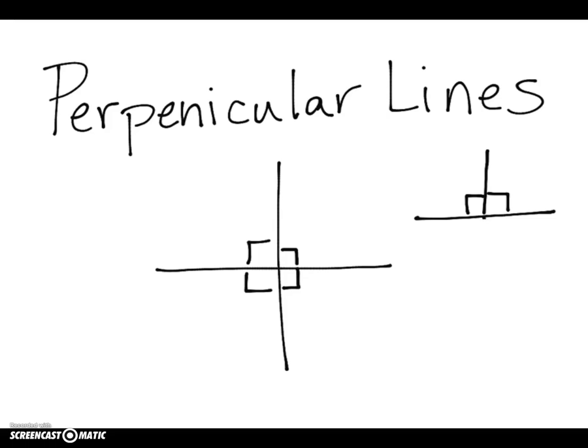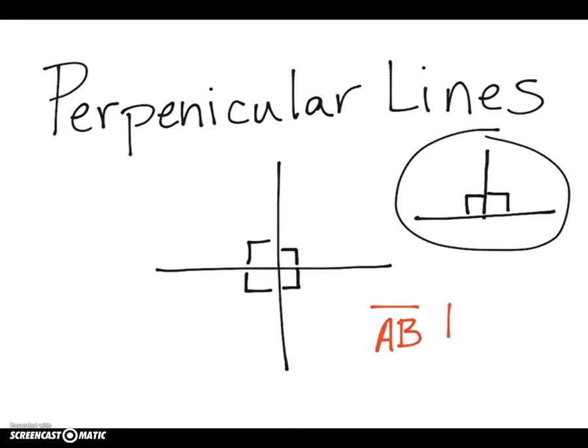I also want you to know this upside down T is actually the symbol for perpendicular. So if you were to see line AB with this little upside down T, that means line AB is perpendicular to line CD. That would mean I have two lines here and they're perpendicular to each other. Okay?